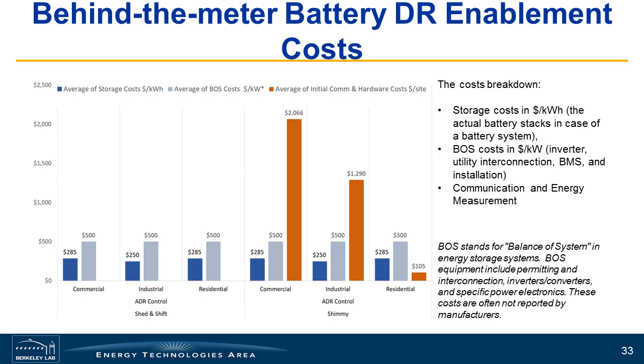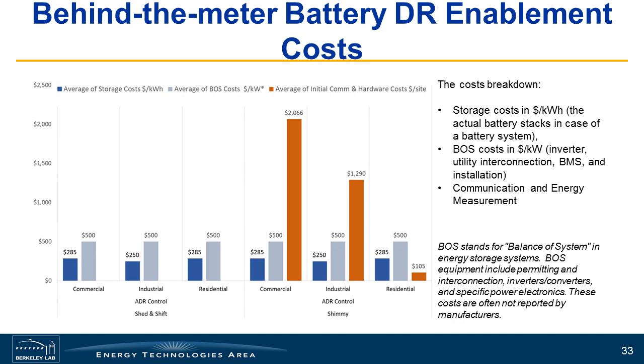One thing that I want to point out here, and I think is important from this study, is we keep hearing about the value or the cost of batteries coming down over a period of time, and now they're only $150 per kWh. One thing that we forget is there is a balance of system for the energy storage systems, and this includes permitting and interconnection.